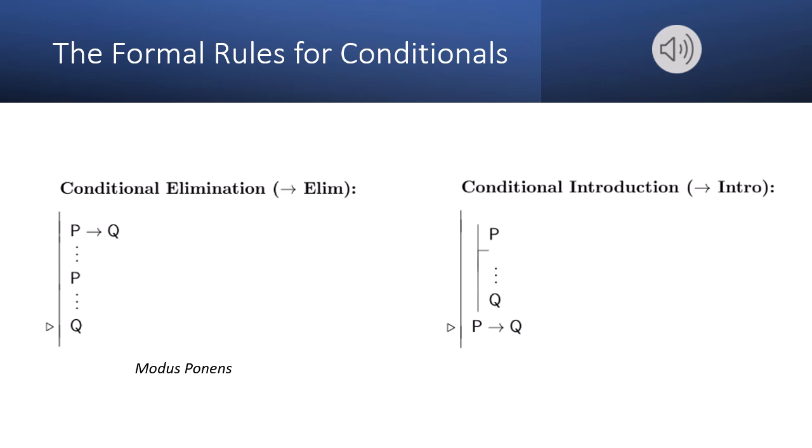And then if you can reason down to another statement Q, you can then discharge the subproof, end the subproof, and discharge that assumption of P, and conclude outside of the subproof that the conditional P arrow Q is true. And you would have to cite that entire subproof that you had above. But again, that's just exactly the way you would go about proving a conditional statement. You assume that P is true, and you reason to show that Q has to be true as well.